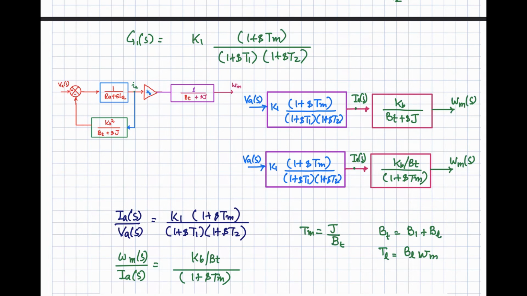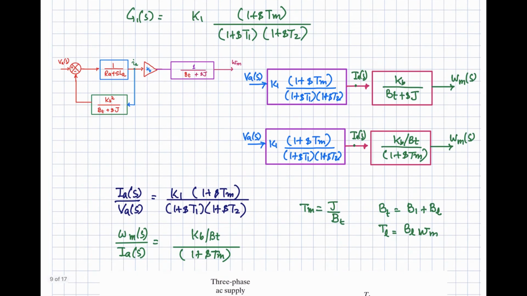Right? And if we take Bt common from here, I can write it Bt into 1 plus Sj by Bt. So what is this J by Bt? That is equal to Tm, the mechanical time constant. So we can write it like this, 1 plus sTm, and this Bt is over here. So we can further simplify this transfer function, and we can write it like this.